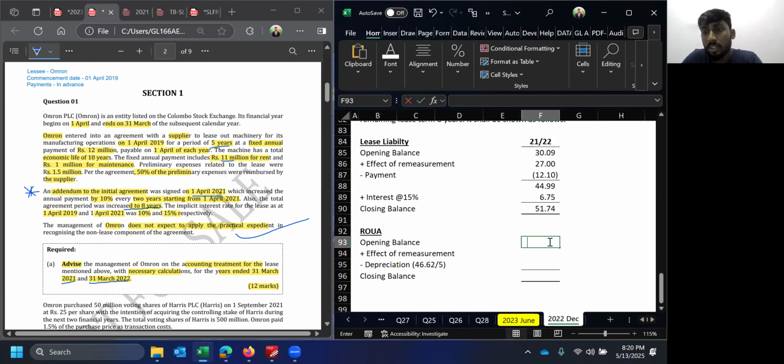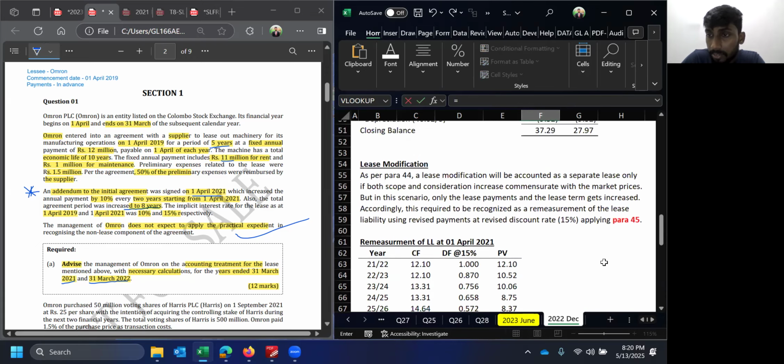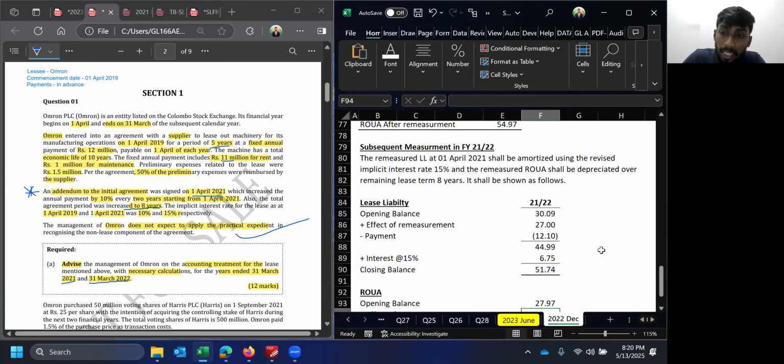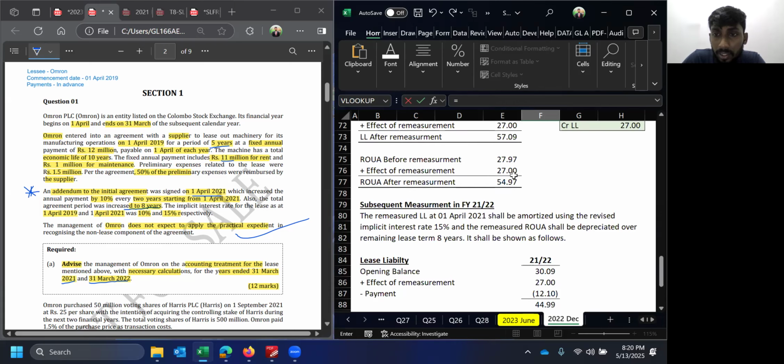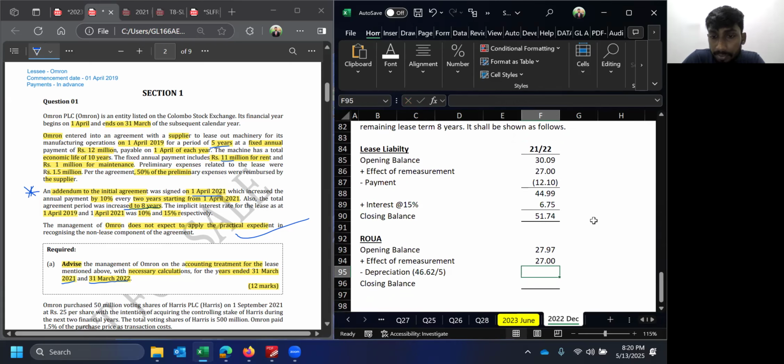The right of use asset is the same. Right of use asset opening balance, which is the last year closing, 27.97. For that, I have to add the effect of remeasurement, 27.